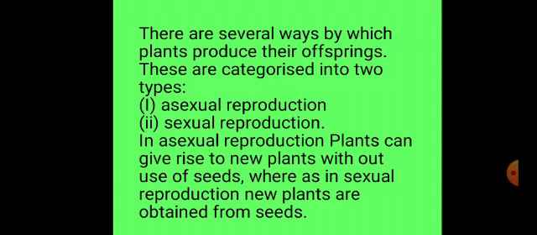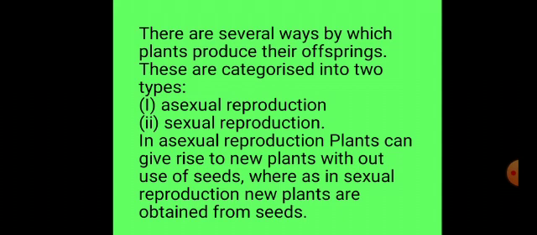In asexual reproduction, plants give rise to new plants without the use of seeds. Without use of seeds, the new plants are raised. Such a type of reproduction is called asexual reproduction.